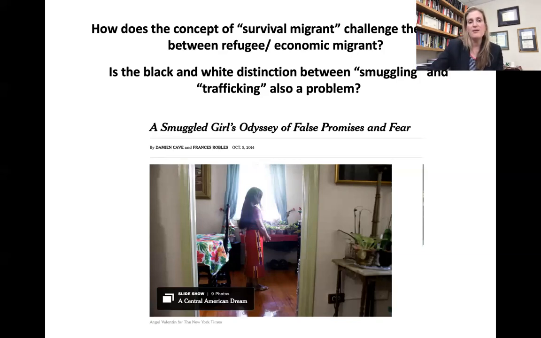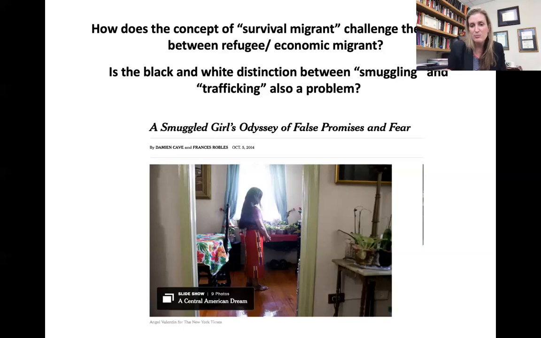Right. And yeah, anybody else want to add? That was great. Thank you. Anybody else? I think that was a really good explanation. This idea that the category of refugee, when you have a binary of refugee versus migrant, maps onto another binary of forcibly displaced, people who are forced to move, and people who choose to move.